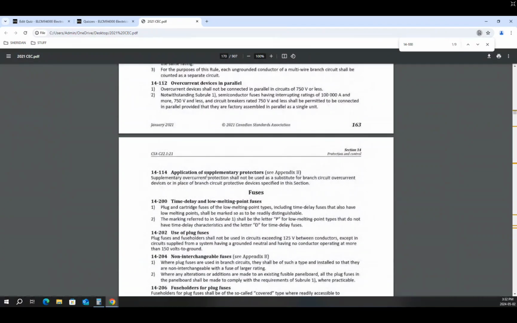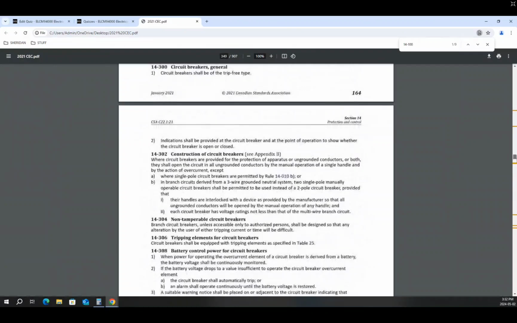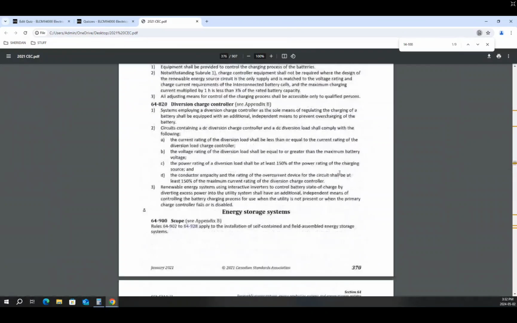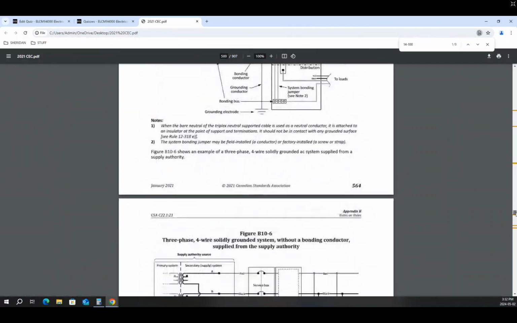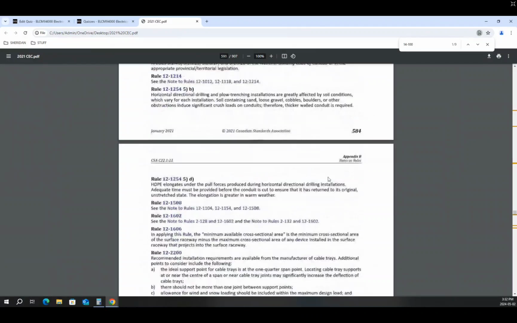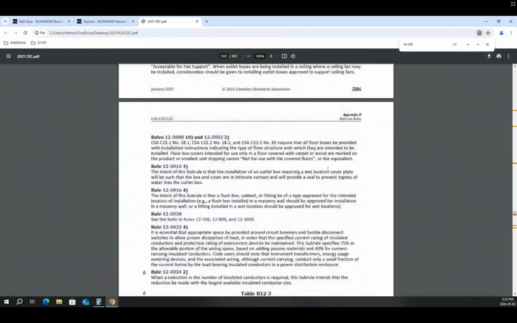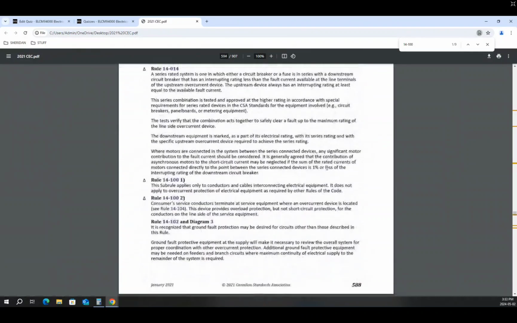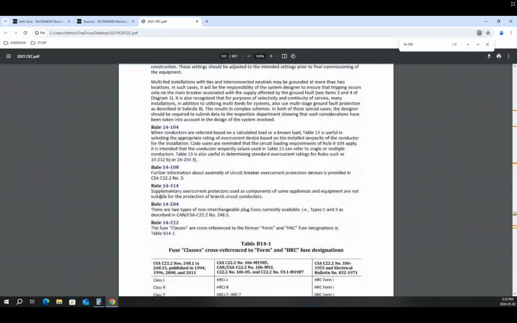Supplemental. So application of supplementary protectors, supplementary overcurrent. Appendix B. Supplementary overcurrent protectors is composed.